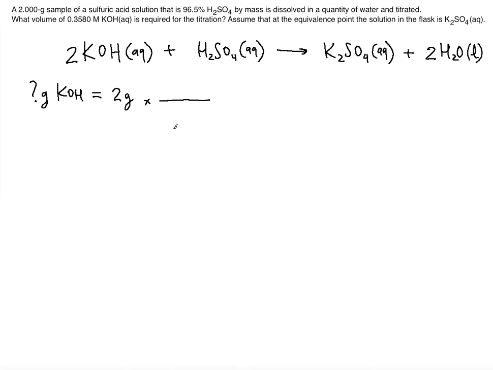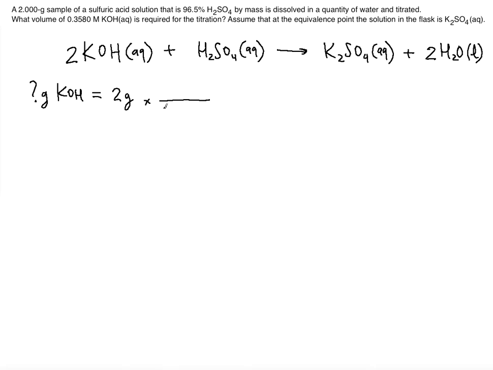Then we convert using this here, because 96.5% sulfuric acid in solution means that 96.5 grams out of 100 grams is taken by the sulfuric acid itself.